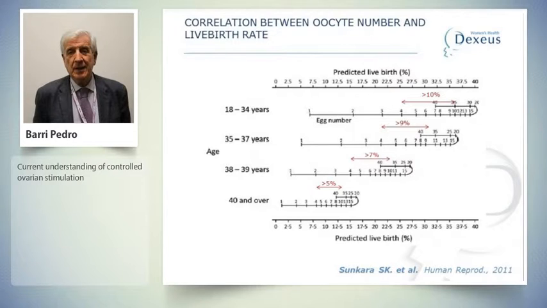And the difference between optimal and suboptimal is very important, because if we modify the graph published by Sunkara some years ago, in which they present the predicted live birth rate according to the age of the patient and according to the size of the cohort of oocytes retrieved, if we increase, let's say, 1 or 2 oocytes by improving the results in this group of suboptimal responders, you will see how we can increase the live birth rate by 10%, by 9%, by 7%, by 5%.